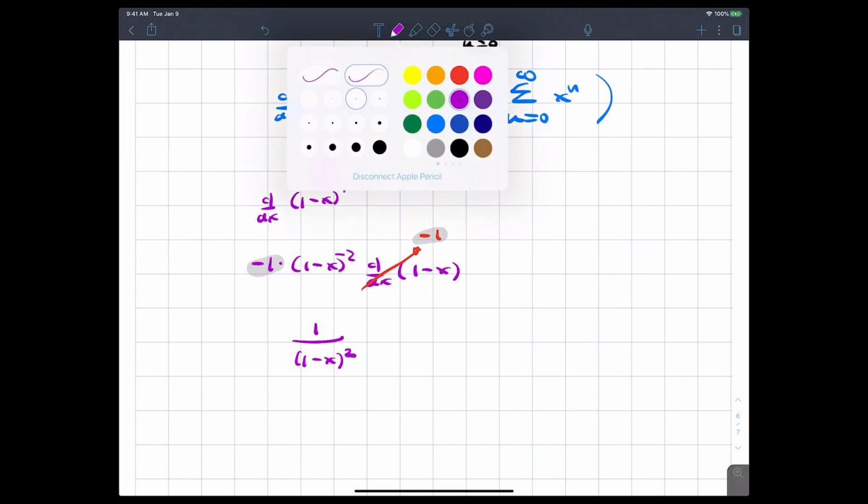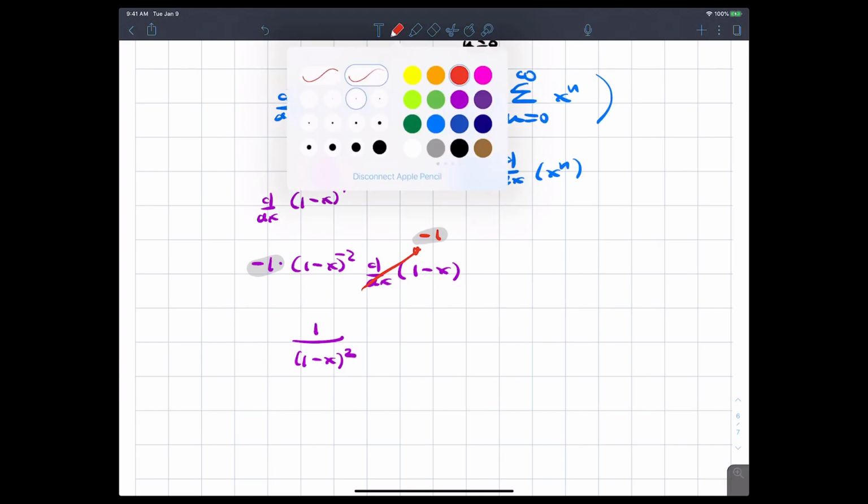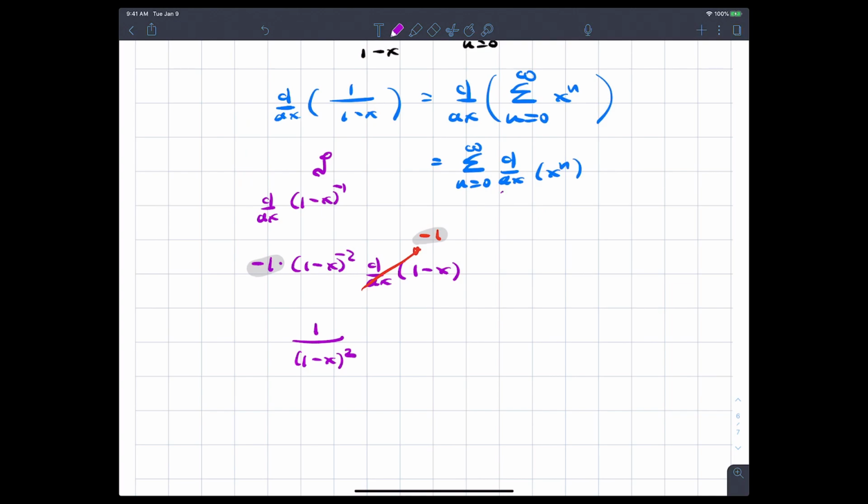And if I look at properties on the right side, this is replaced with the sum of d/dx of x to the n, n is 0. We know that when we differentiate, this portion is n x to the n minus 1, but altogether, change the index. I get the sum, n is 1, of n x to the n minus 1 on the right side.